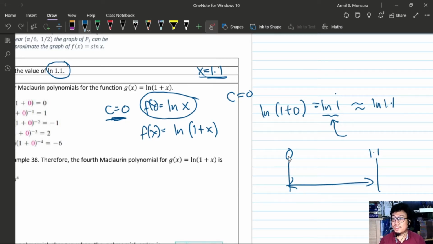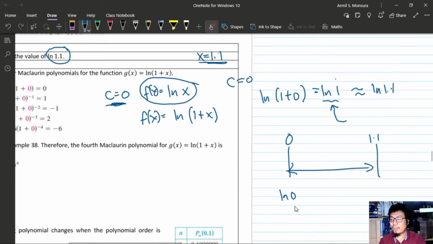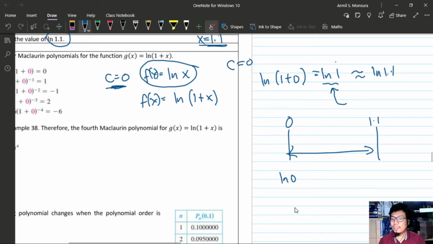So instead of using ln of x, because if you center that at 0, the center of your function value would be ln of 0, our approximation would be egregiously far from what we would like it to be.